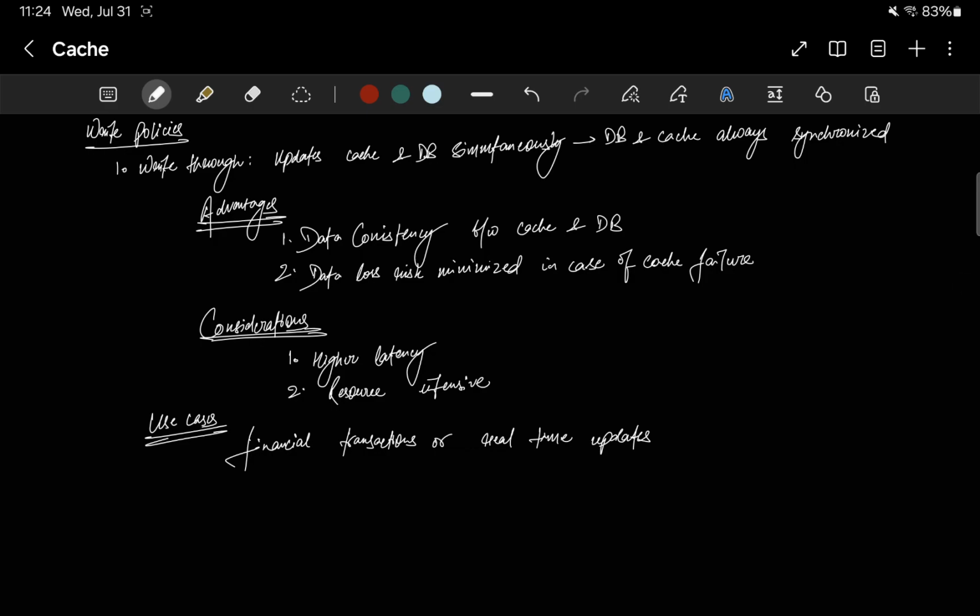Let's talk about another write policy, which is called write back cache policy or write behind policy. So this is write behind. It is also called write back.